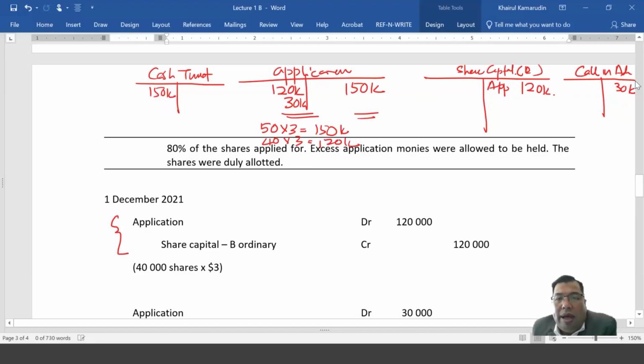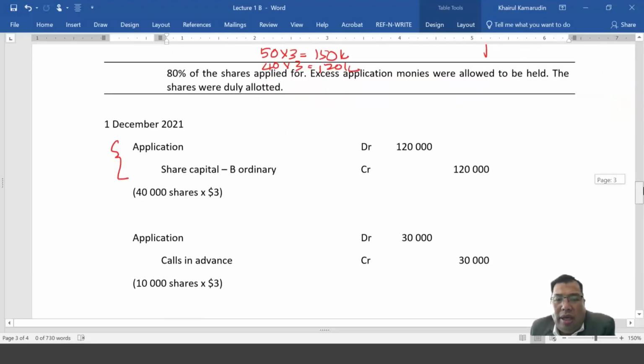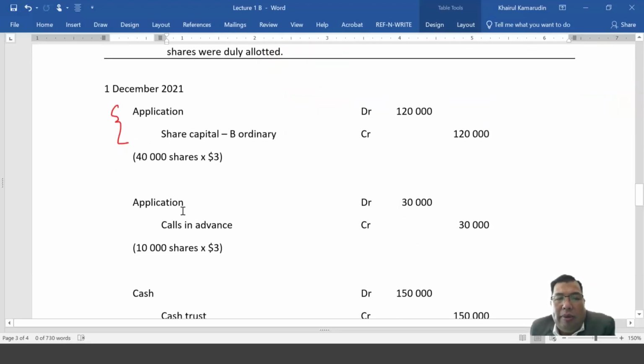Automatically, my application account is now closed. Can you see this? I transfer this 150 to the share capital and to the call in advance. So the journal entry is: application, debit 30,000, call in advance, credit 30,000.